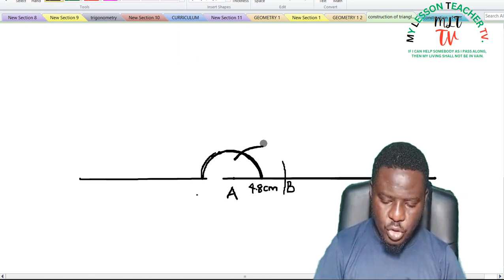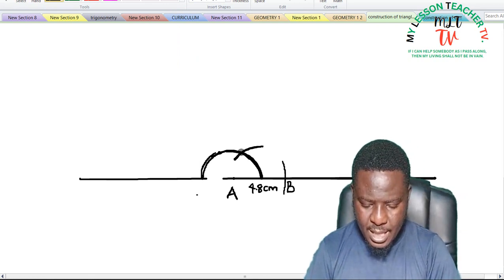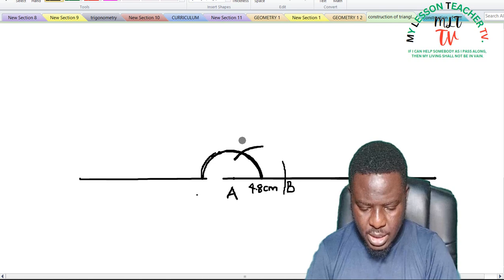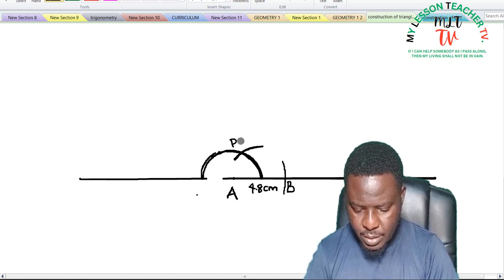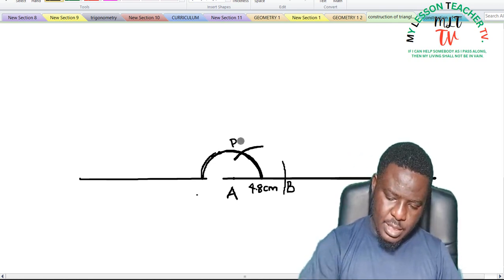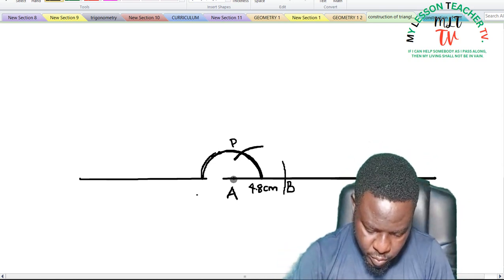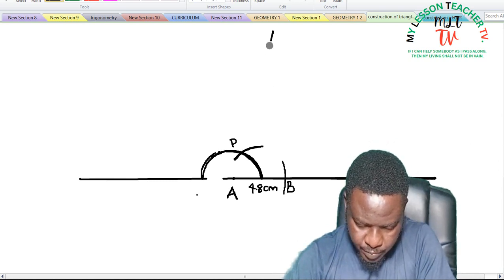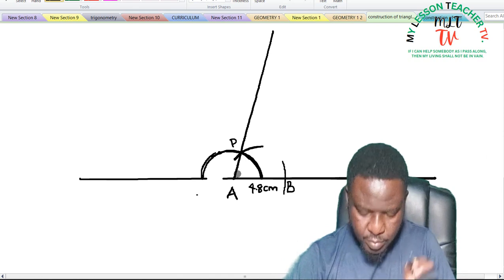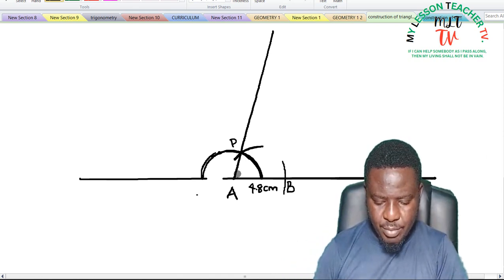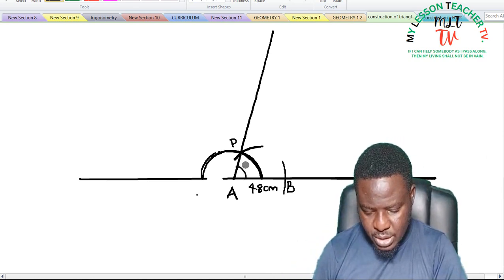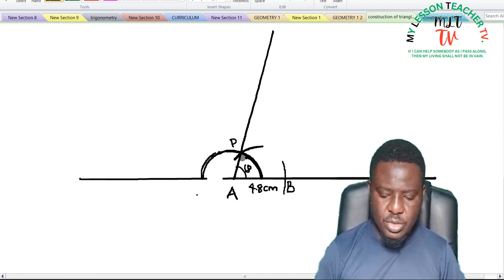Now when you join A and this point together, let's call it point P, draw a straight line through A and P. You have this. Also do same. This is said to be 60 degrees. So this is how to construct angle 60 degrees.